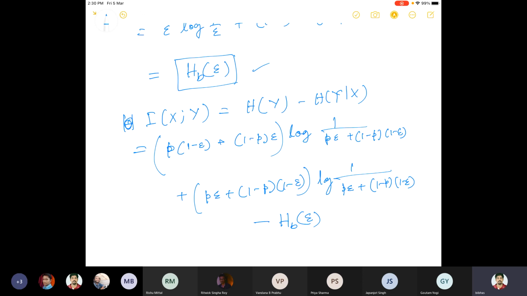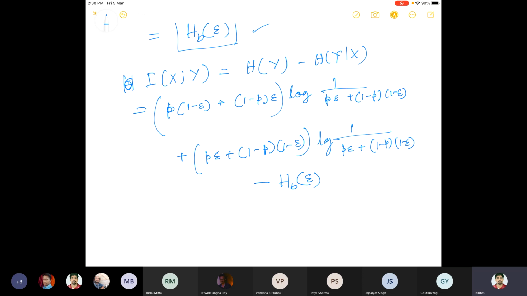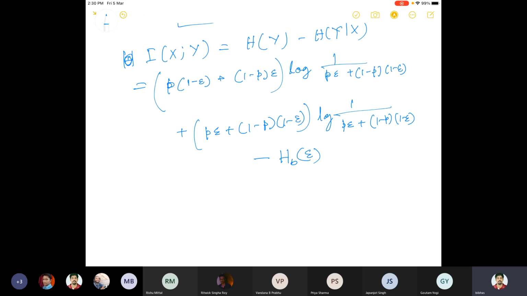So this will be my function. Okay, so now I want to maximize this function. Maximum of this is equivalent to minus times minimum of this, right?